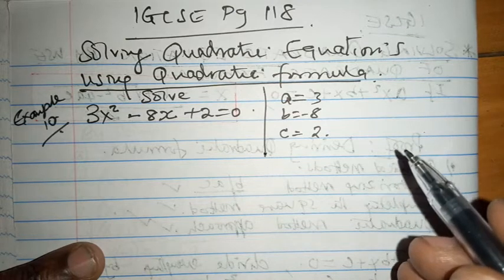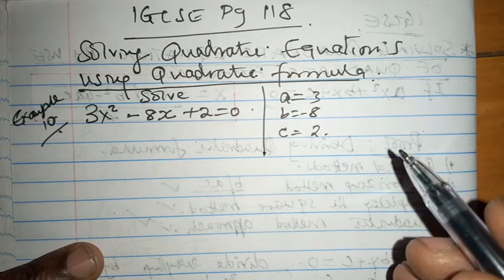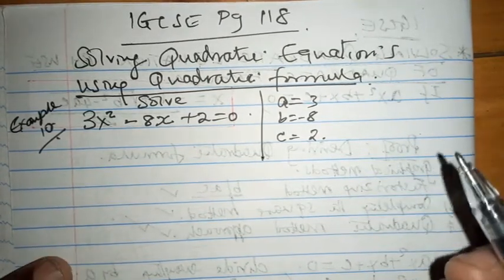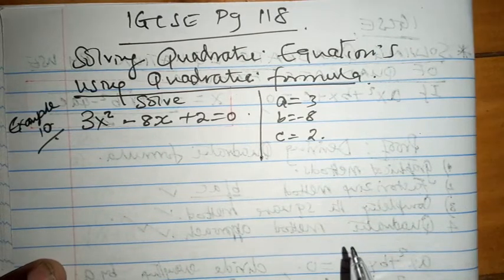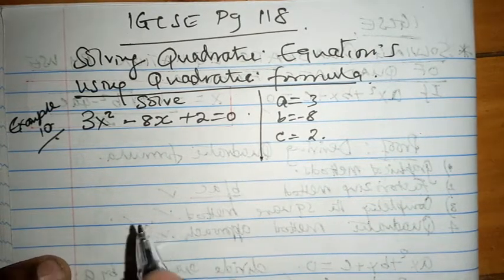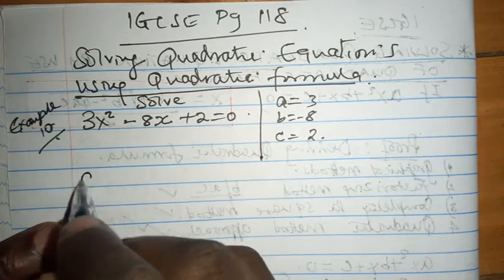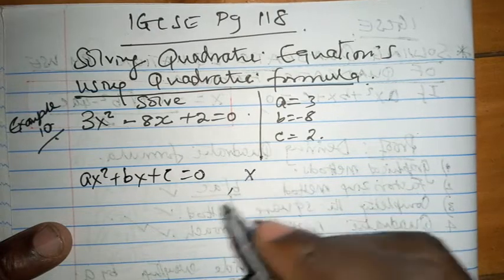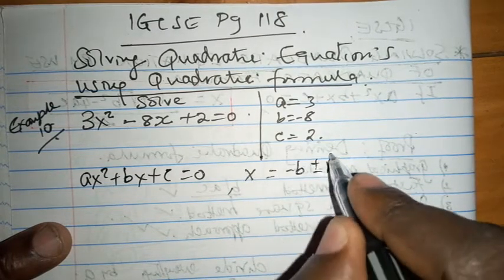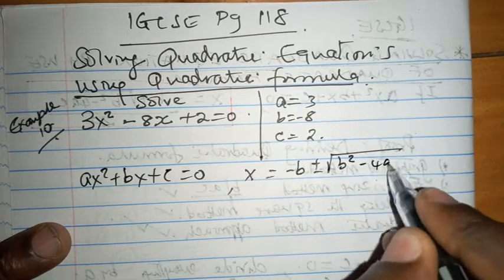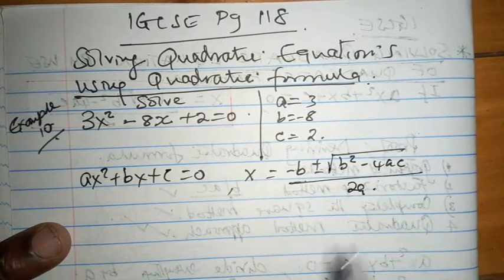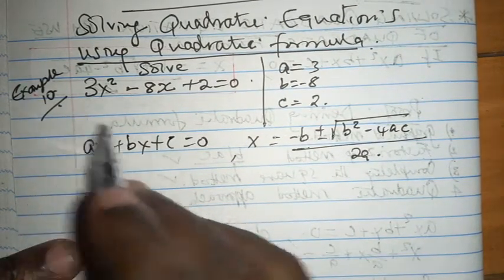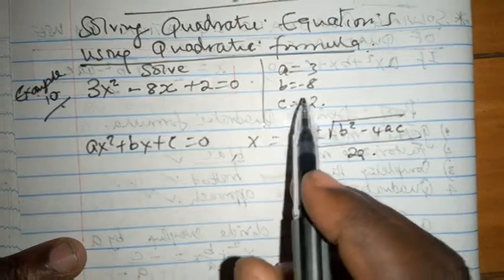Instead of wasting time, we can either go to completing the square, which we have learned, but I want us to go straight to a method that will never fail you at any given time. So we know that in such a case, in ax squared plus bx plus c is equal to 0, then x is equal to minus b plus or minus the root of b squared minus 4ac, everything over 2a. In such a case, our a is 3 and our b is minus 8.